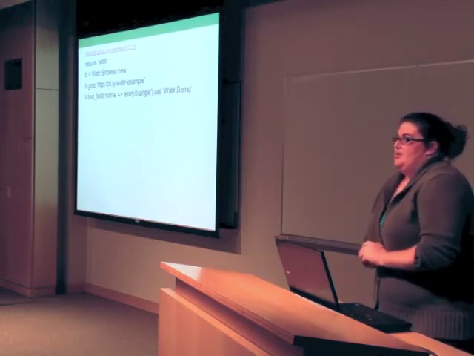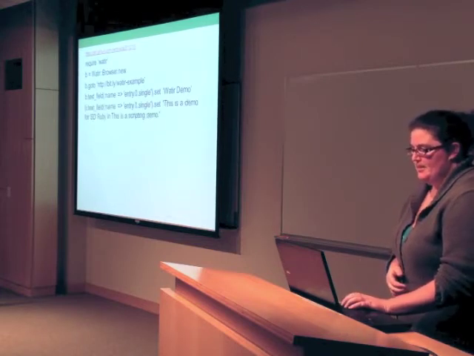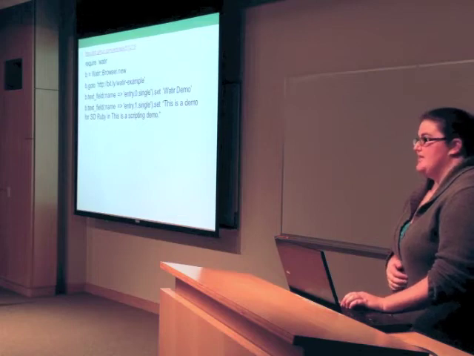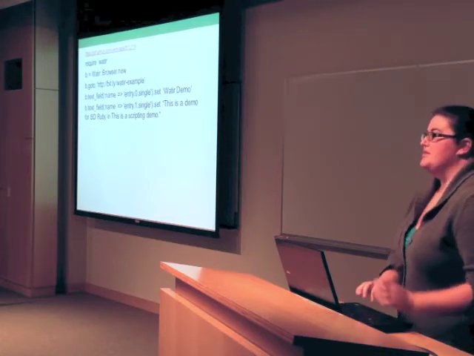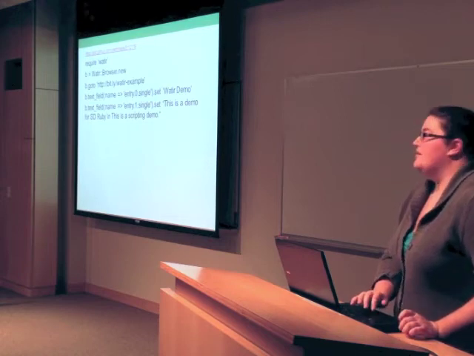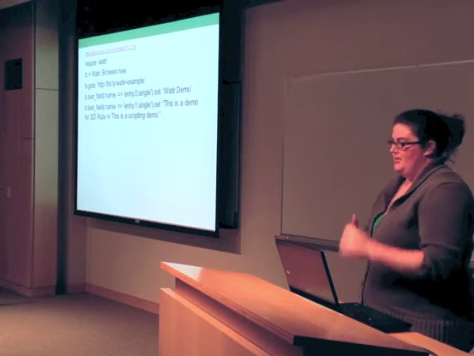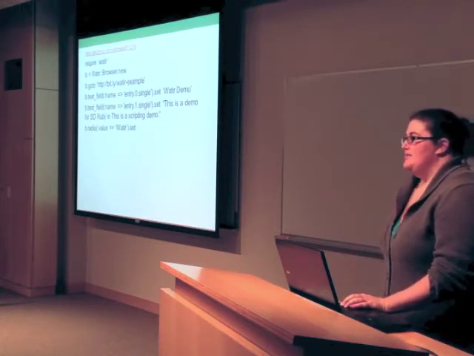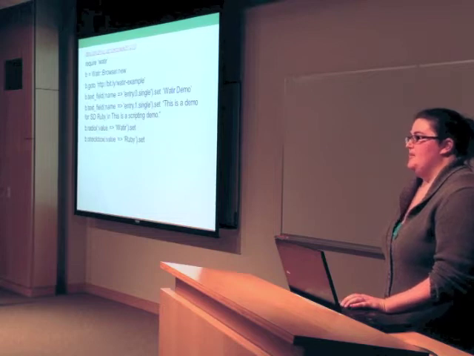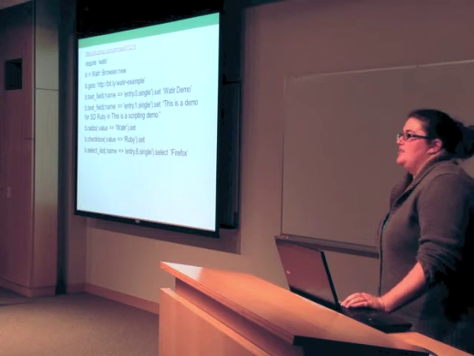So the first thing we're going to do is fill out a text field, set it to Watir demo. Then we're going to fill in a text box. Within the string there's a line break value, so that'll set two lines. Then we're going to set the value of the radio button to Watir, a checkbox, and a select list.